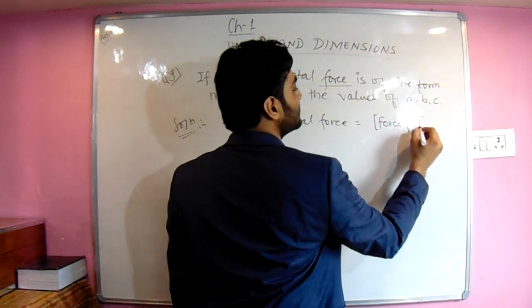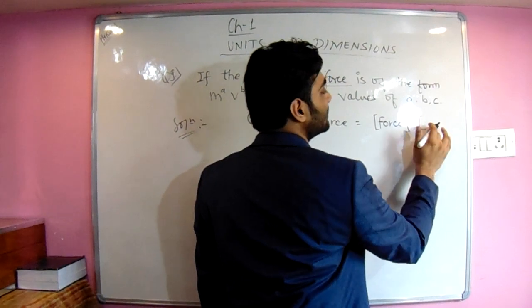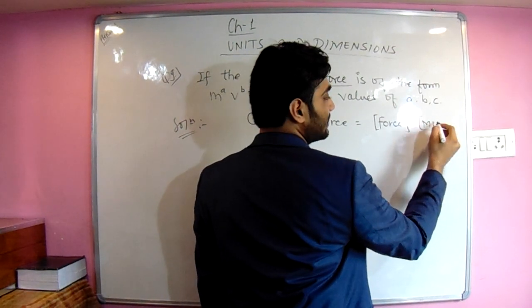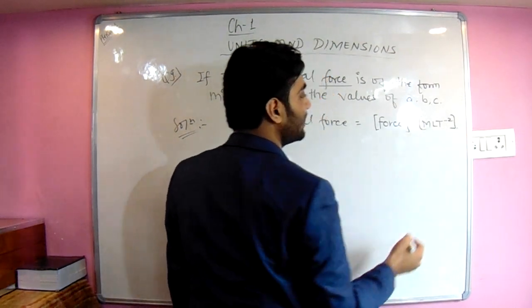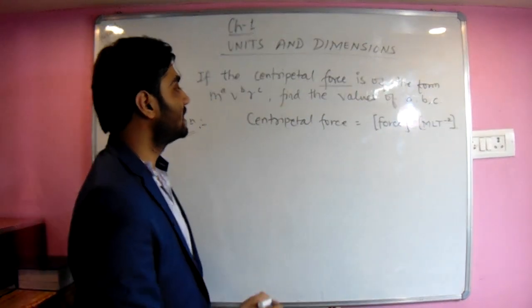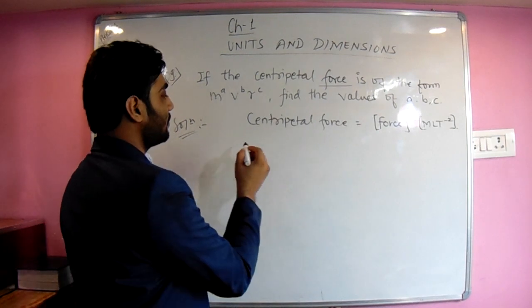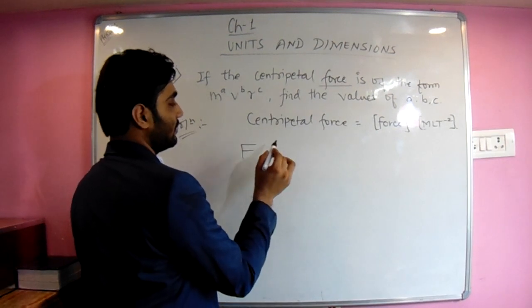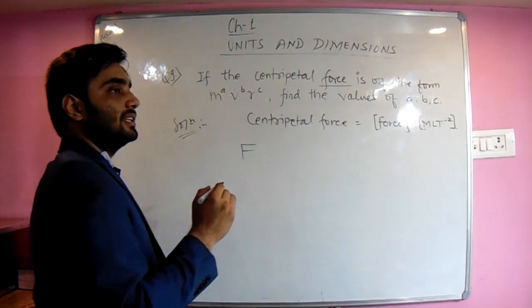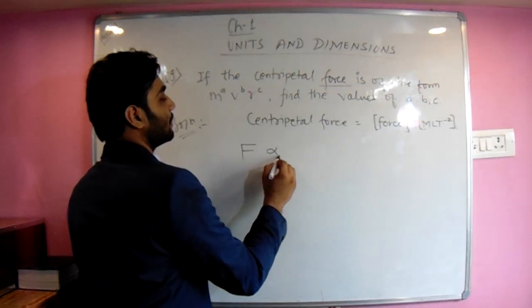And force has the dimension MLT minus 2, mass into acceleration. So we use it in this equation. So MLT minus 2 means centripetal force F. The question is this: F is directly proportional to, why?